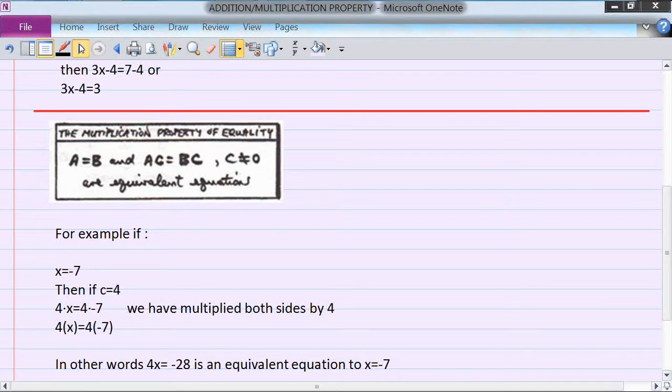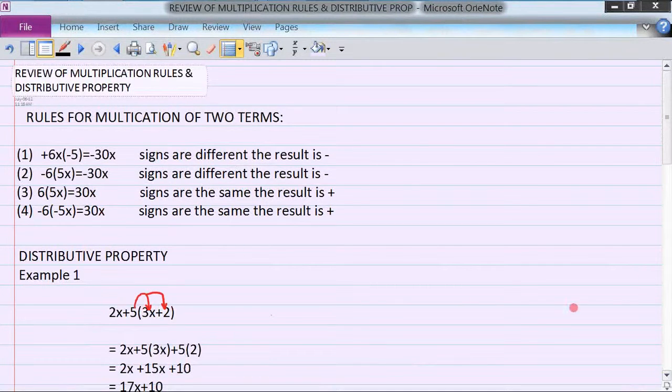Now we're going to use this information a little later on to solve equations, but let's go over something that we did last time, the review of multiplication rules and the distributive property, which we discussed in topic 1.